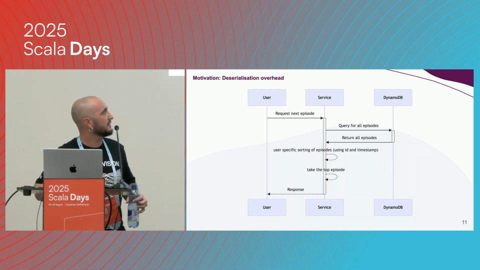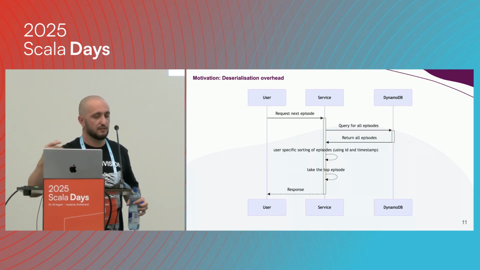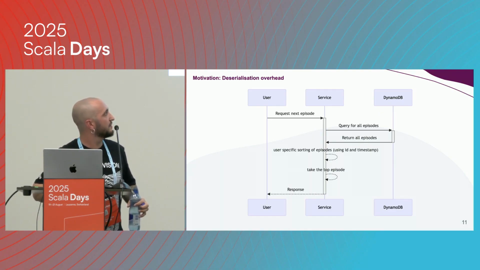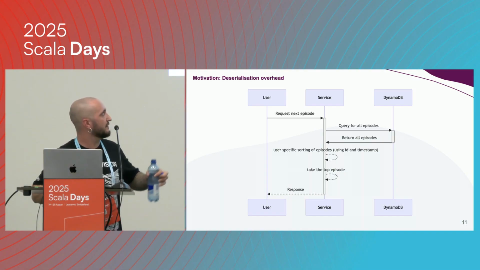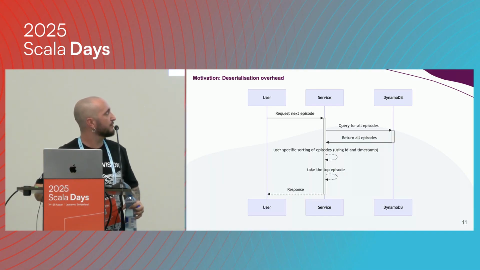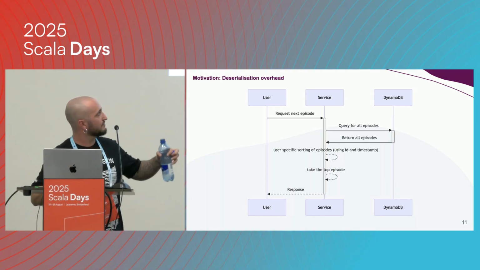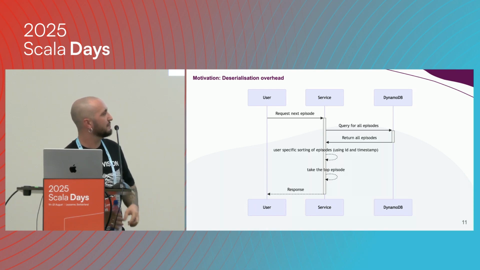So in this case, we have to query for all episodes and use our sorting algorithm in memory. Let's say for the sake of the example, we are only using the ID and timestamp for the episode. Also, probably another field that I missed there, which is episode number. And then after sorting, we take the top one and use that to build a response.